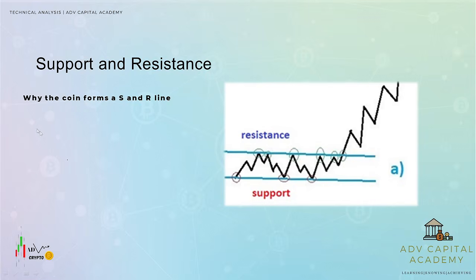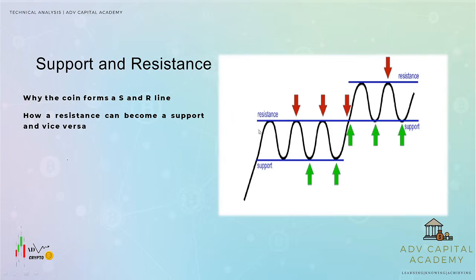That is the reason why coins form support and resistance lines. Very often, a resistance line can become a support line, and a support line can become a resistance line. Very often, when a coin breaks out and goes higher, it can pull back, and we test the resistance line as support.